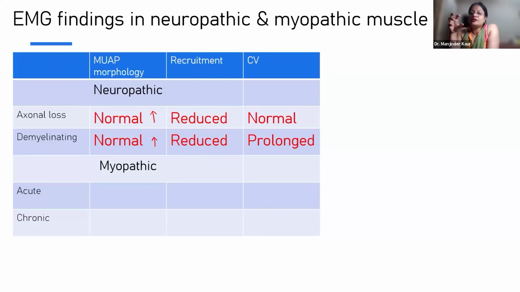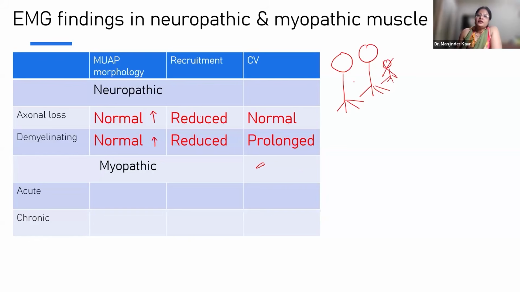The motor unit is not able to, because there is axonal loss, right? You now take my point. So when there is axonal loss, if this is one neuron and this is the motor unit, this is the second motor unit. Now, if this third motor unit, which was supplying the muscles, is damaged, the motor unit 1 and 2 will be doing the recruitment.